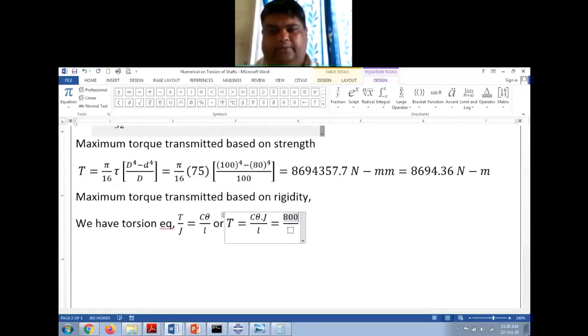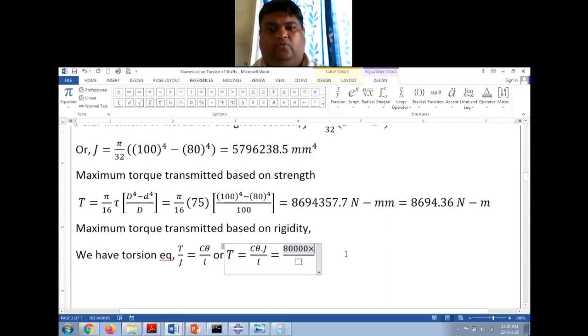So 80,000 megapascal. Theta is 1 degree per meter. So actually I'm putting theta by L. So I don't need this. So theta by L is 1. So I put that in a bracket.